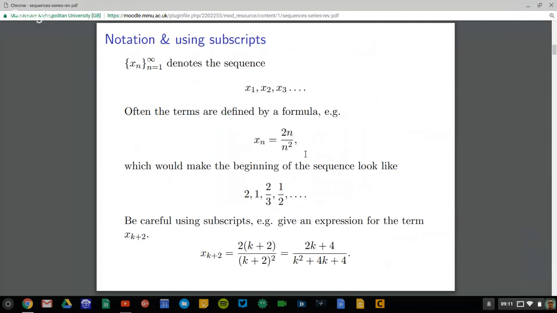So if that sequence is defined by x_n equals 2n over n squared, how would you describe the element of the sequence at position k plus 2? So this is x subscript k plus 2. You should know how to correctly substitute variations of the index position into the formula.